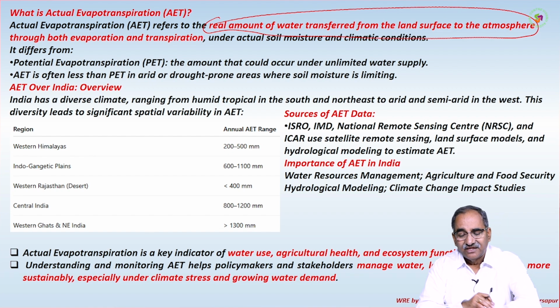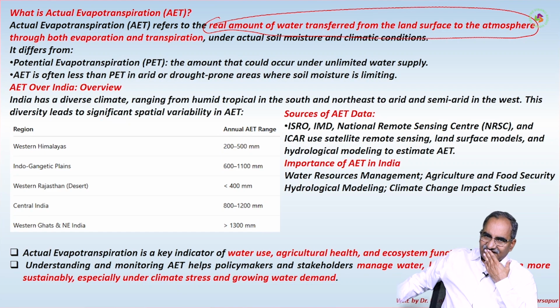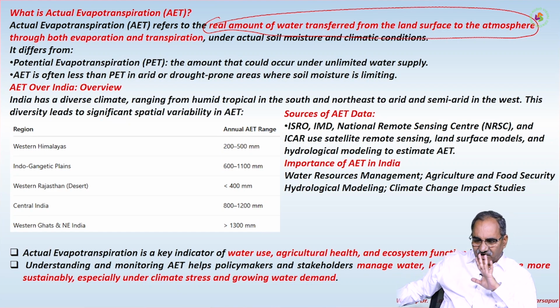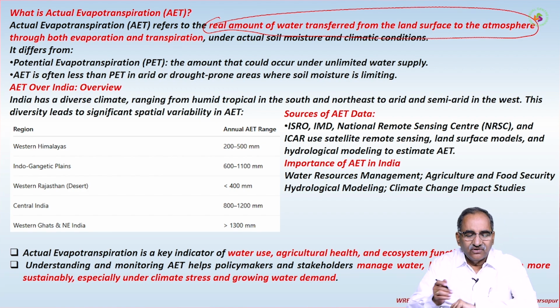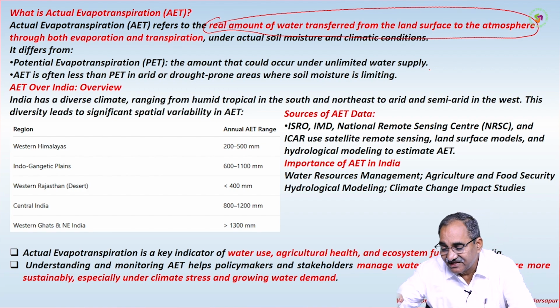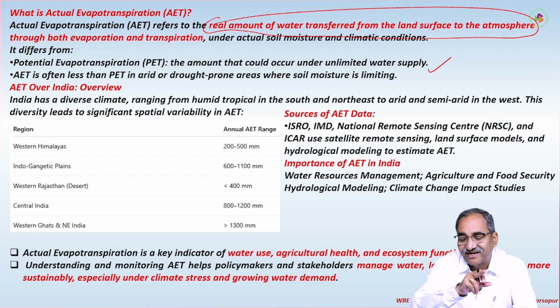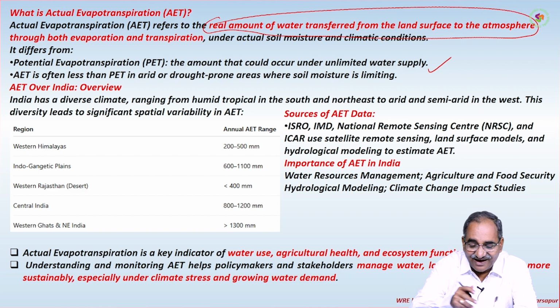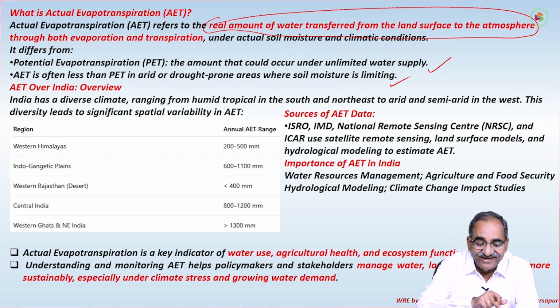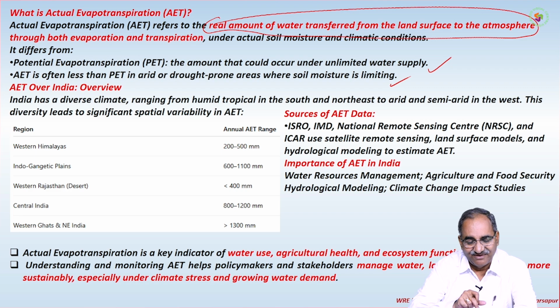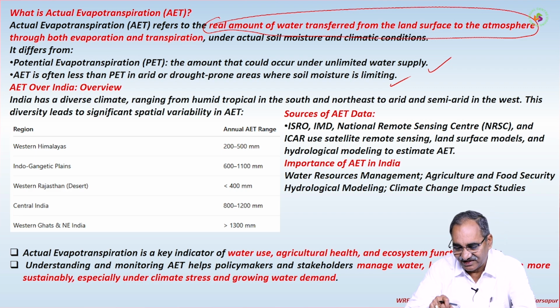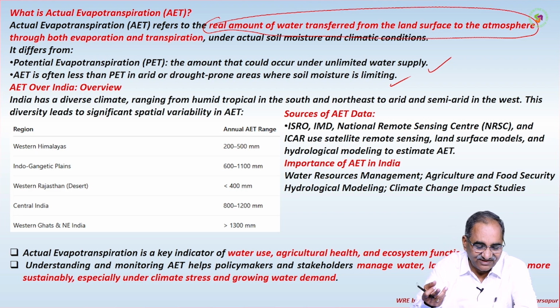Always remember that potential evapotranspiration is in general higher than actual evapotranspiration. Potential evapotranspiration means the amount that could occur under unlimited water supply, whereas AET is often less than PET in arid and drought-prone regions where soil moisture is limiting.